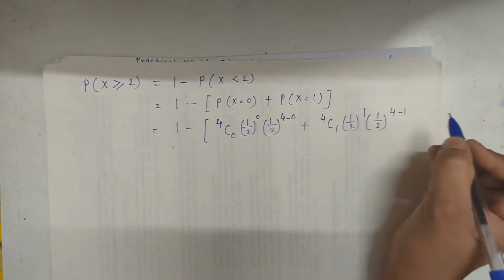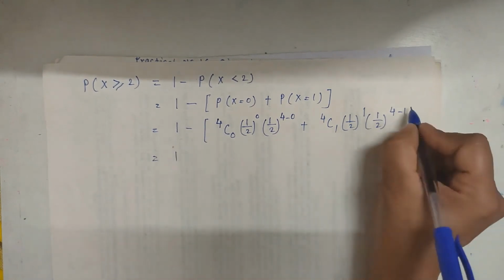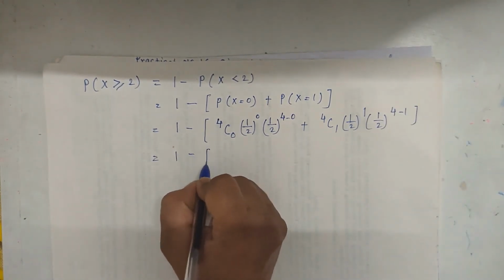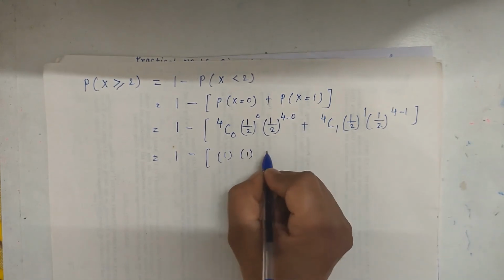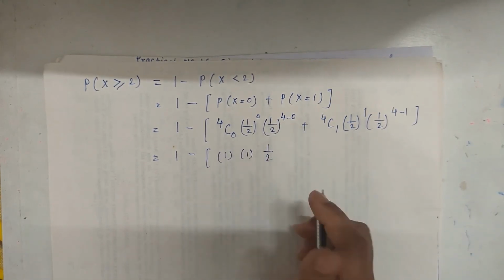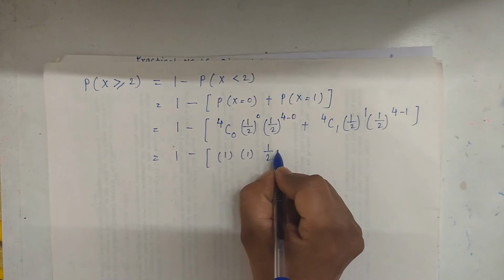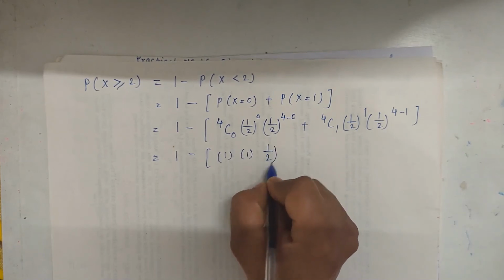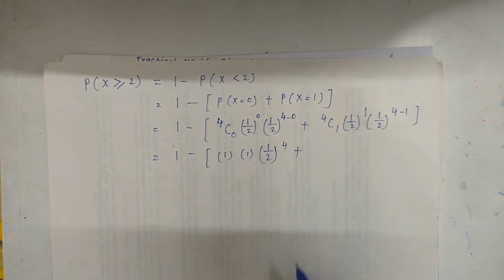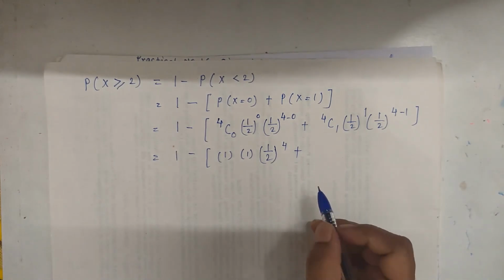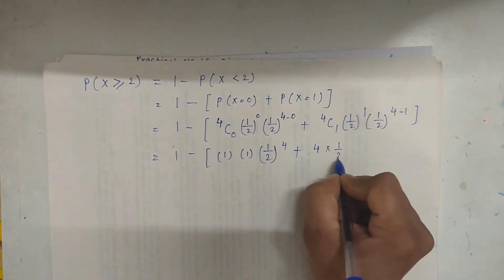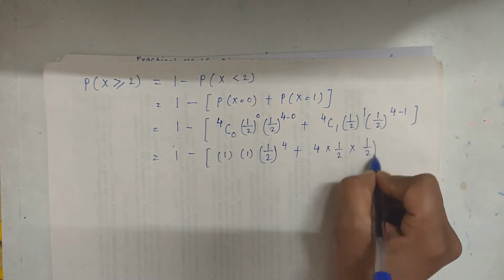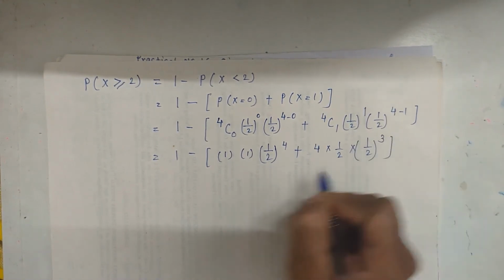Now here 1 minus 4C0, which is 1, (1/2) raised to 0 is 1, and (1/2) raised to 4 minus 0, that is (1/2) raised to 4, plus 4C1, the value of 4C1 is 4, into 1 by 2 into (1/2) raised to 4 minus 1, that is 3.